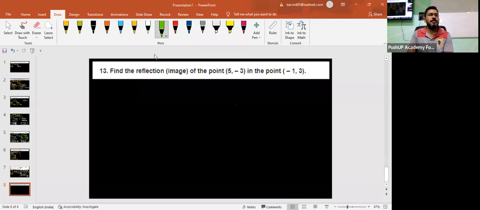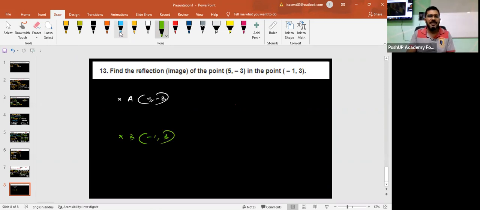Find the reflection of the point 5, minus 3. Let me assume the point A is 5, minus 3. Find the reflection of the point A in the point minus 1, 3. So let me take another point B over here, which is minus 1, 3.